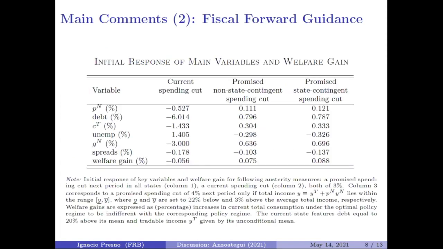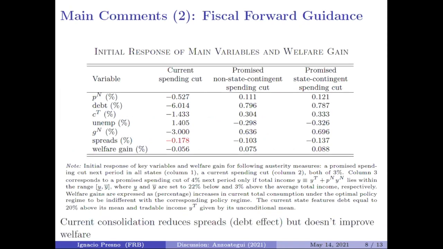So here we report the main variables and welfare gains for the three different proposals. The first proposal in the first column shows that current consolidation can help reduce spreads. This is basically the debt effect that Diego was referring to, but clearly it's not going to be helping improve welfare.